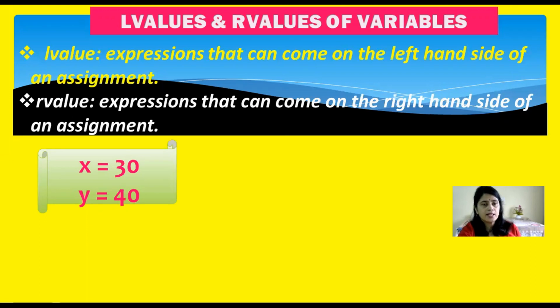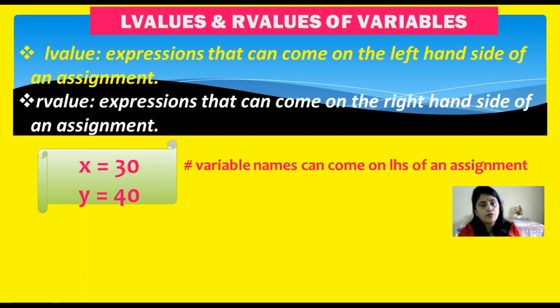See here, x equal 30, y equal 40. So x and y are the objects where the values can be assigned, so they should be on the left hand side of the assignment operator. That's why we call them Lvalues. And what about 30 and 40? They are placed on the right hand side of the assignment operator because 30 and 40 are the Rvalues. So variable names can come on the left hand side of an assignment operator.